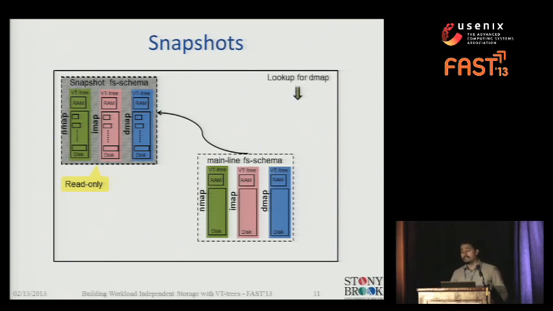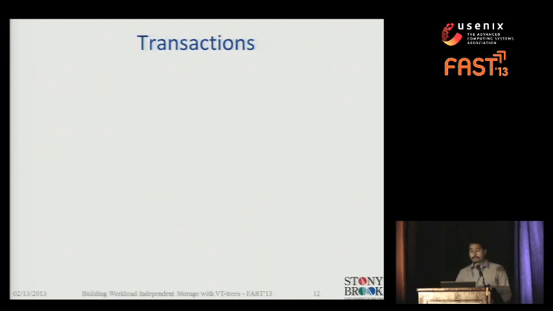This is required because all the lookups or requests come to the mainline schema, and you might not find the data you're looking for because the VTTrees are empty in the mainline schema. So we would forward the request to the corresponding snapshot which the mainline schema depends on. We might find the data there, and then return success along with the data to the user.